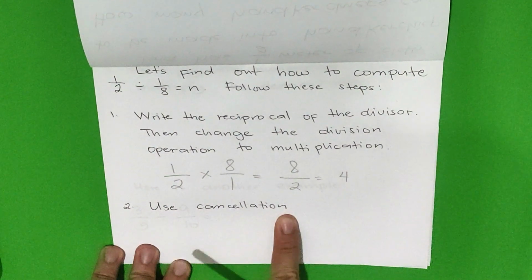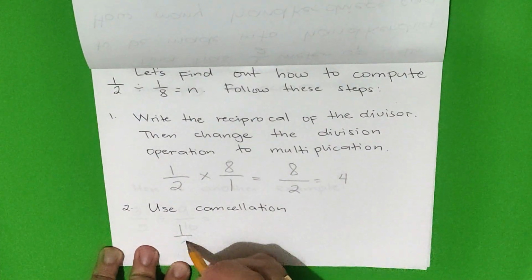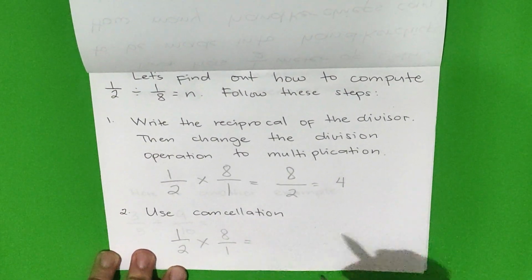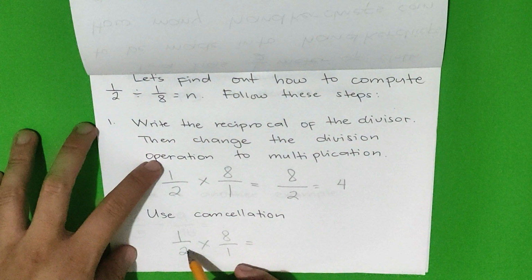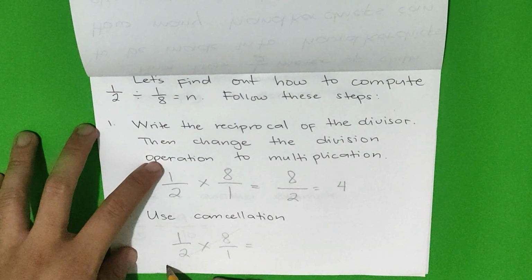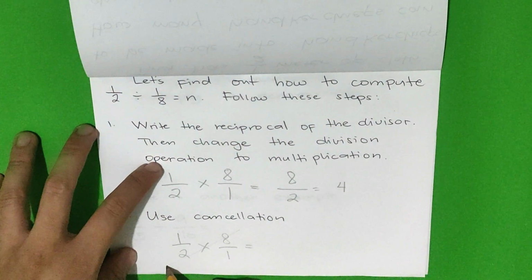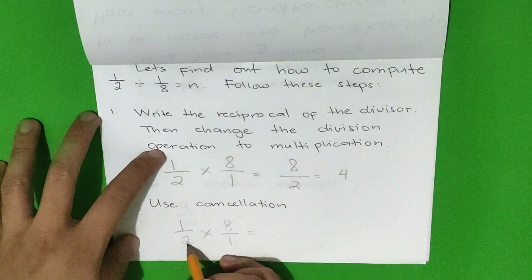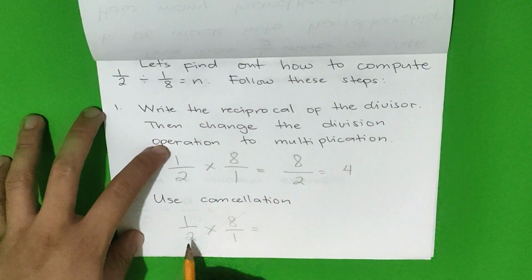Let's use the cancellation method. 1/2 times 8. So, think of a number that we can divide 2 and 8 with, the same number, without a remainder. What do you think? Correct, it's 2. 2 divided by 2 is 1.